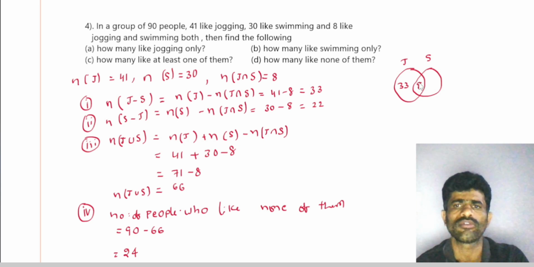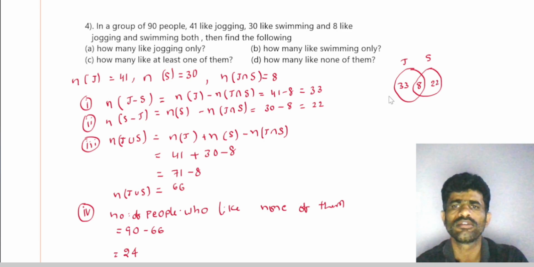Like that we have to find it. First we find the common region, then only jogging. Similarly on this side, 8 is already filled. In total 30 people like swimming, and 8 we already wrote, so the remaining 22 people we write here.